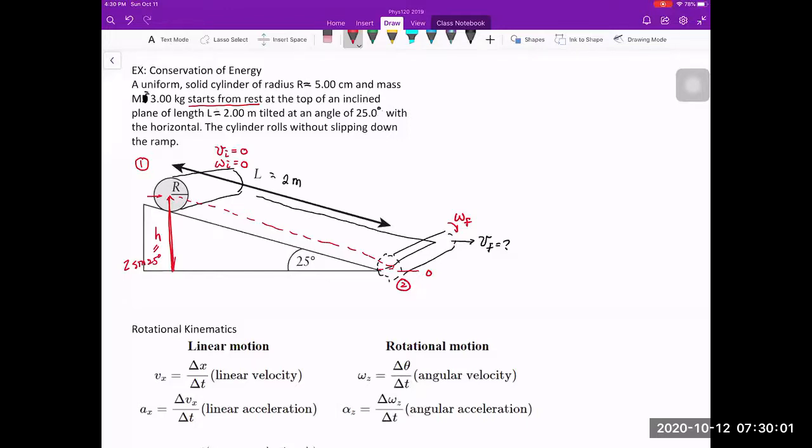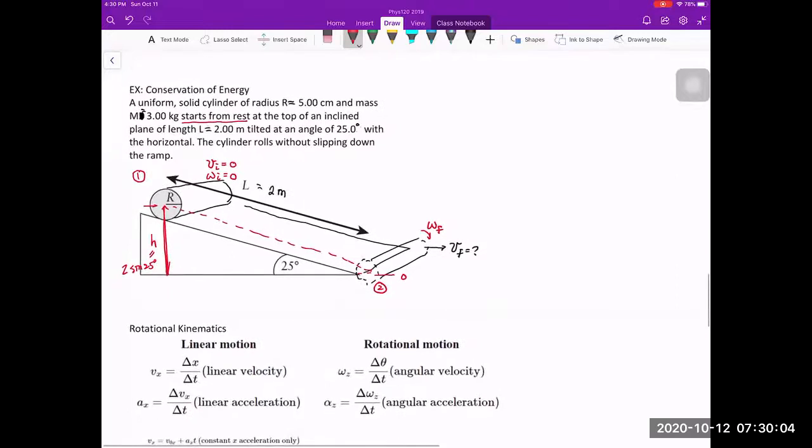Okay, once we have all this information, we can start to make a table which will help us solve this problem. Let's create a table, and we start with the state. Then I'm going to look at the kinetic energy of translation, I also have the kinetic energy of rotation, and then I will have a potential energy.